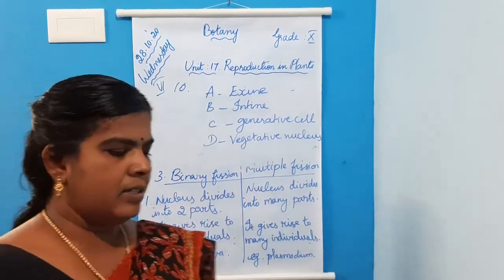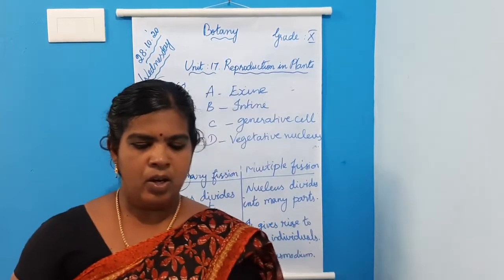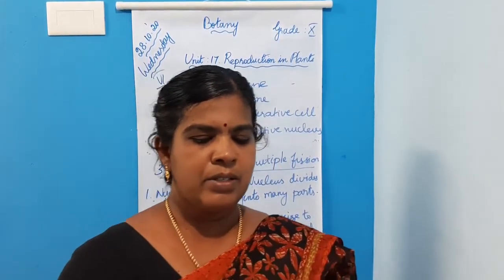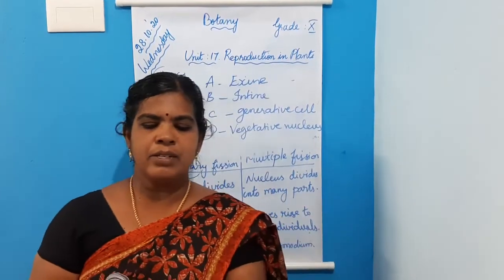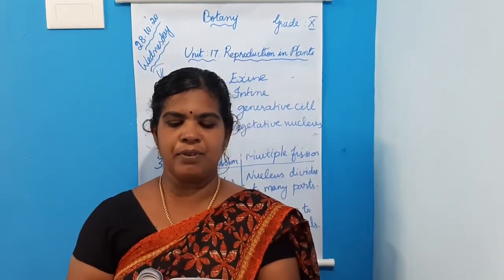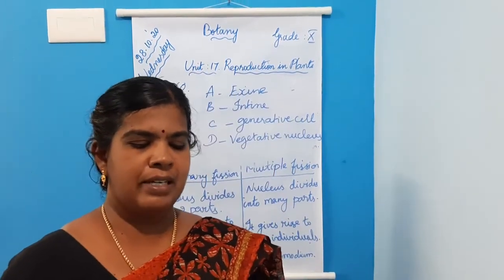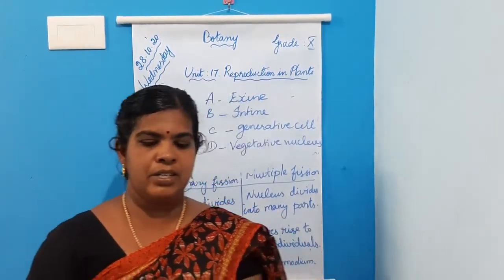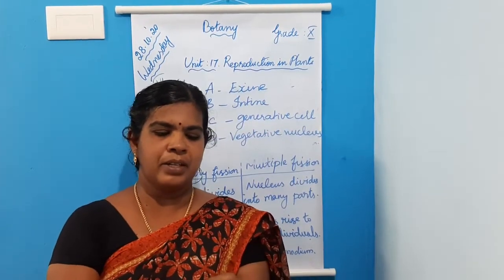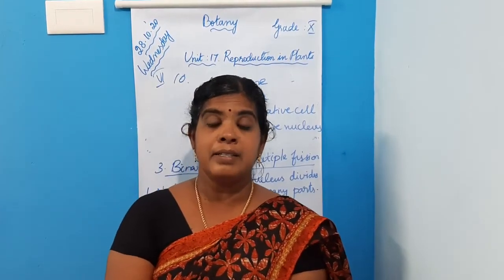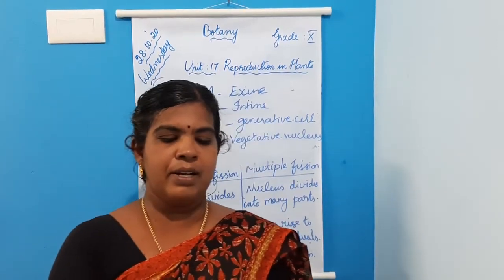Okay. Next one is the 11th question. Write the events involved in the sexual reproduction of a flowering plant. What are the events? Pollination, fertilization. These are the two events involved in the sexual reproduction of a flowering plant.